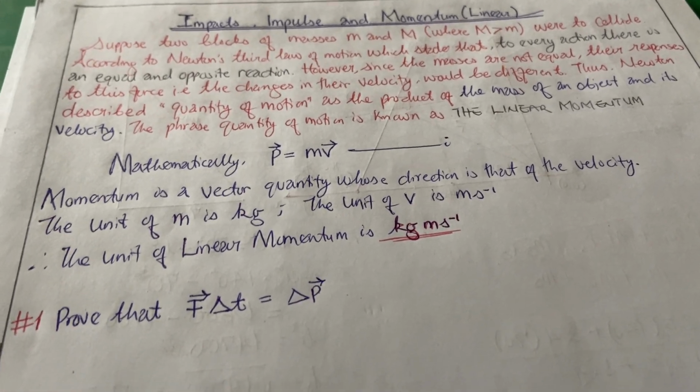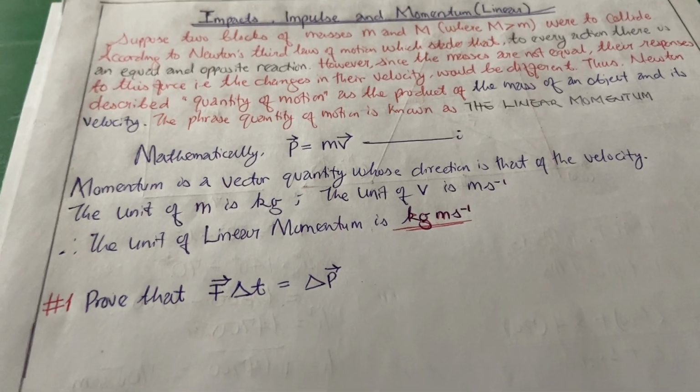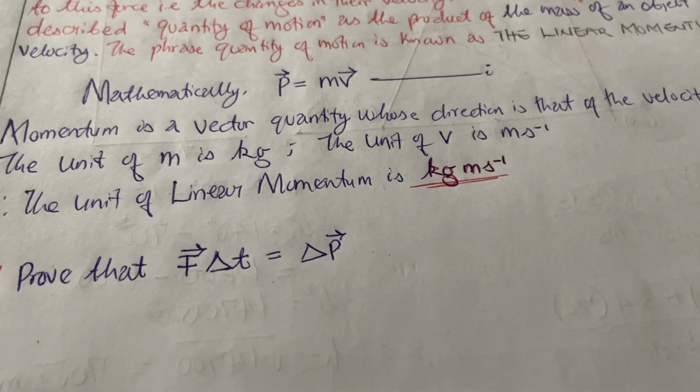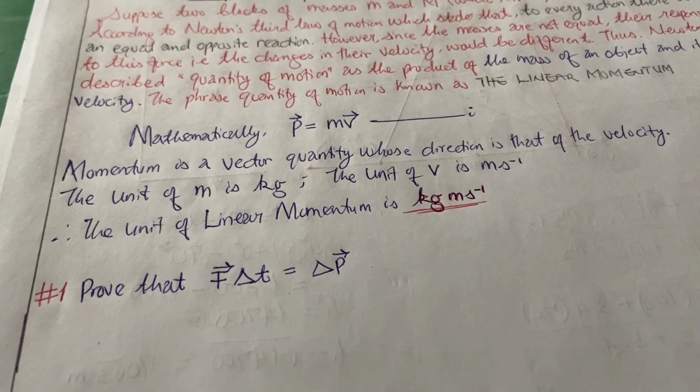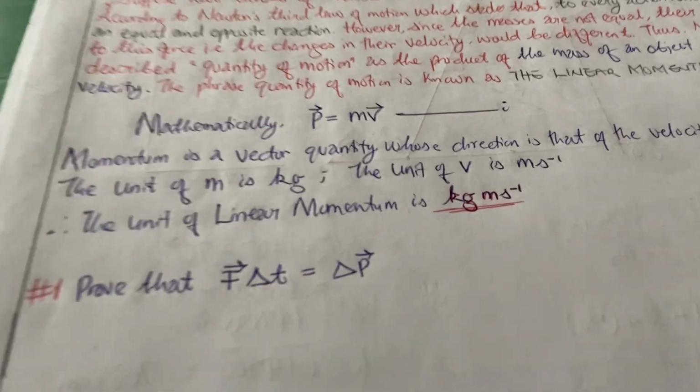Velocity also is a vector quantity. So it means that the momentum is in the same direction as the velocity, and the force that will be applied is also in the same direction.